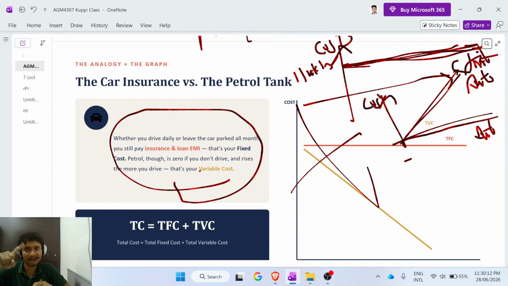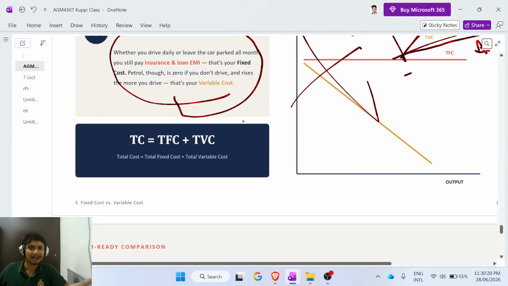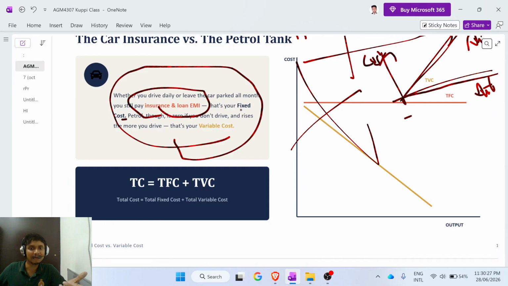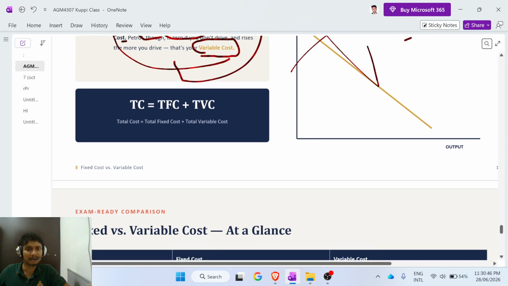If I don't drive the car for one year also, I must pay insurance and loan. Therefore, insurance and loan EMI are fixed costs. I must pay every month, whether I drive or not. But fuel is a variable cost, because if I drive, I have to spend money for fuel. Otherwise, I don't need to pay money for that.